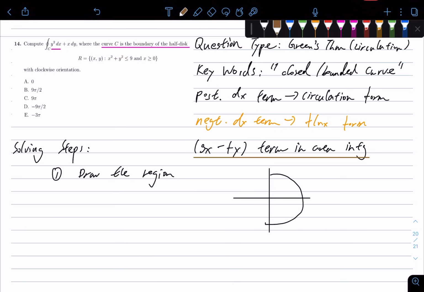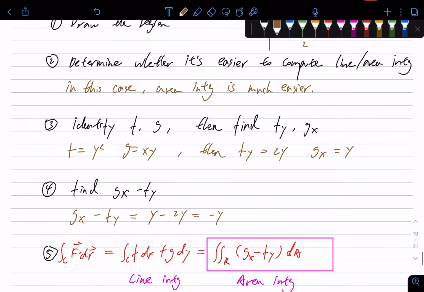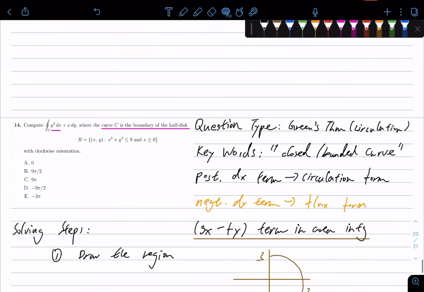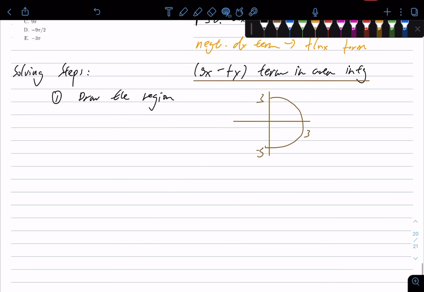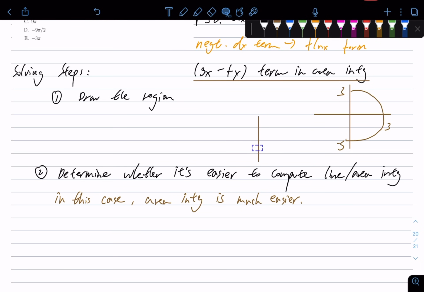And then we're going to have 3, negative 3, 3. Draw the region out. Then I'm just going to copy and paste right here: determine whether it's easier to compute the area integral or the line integral. So we're going to make this call again.